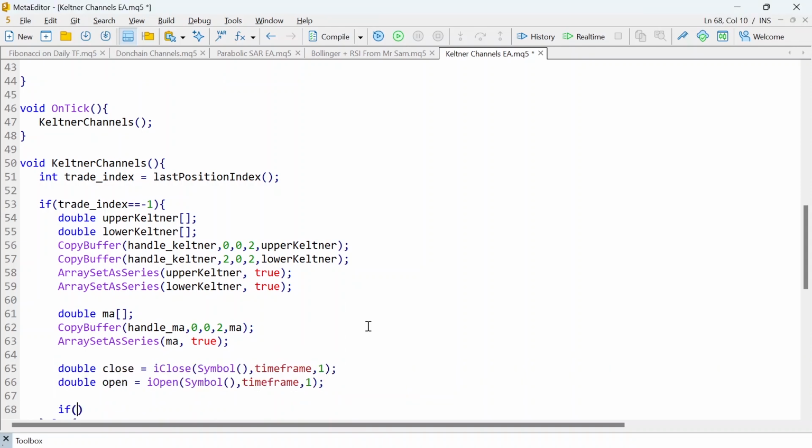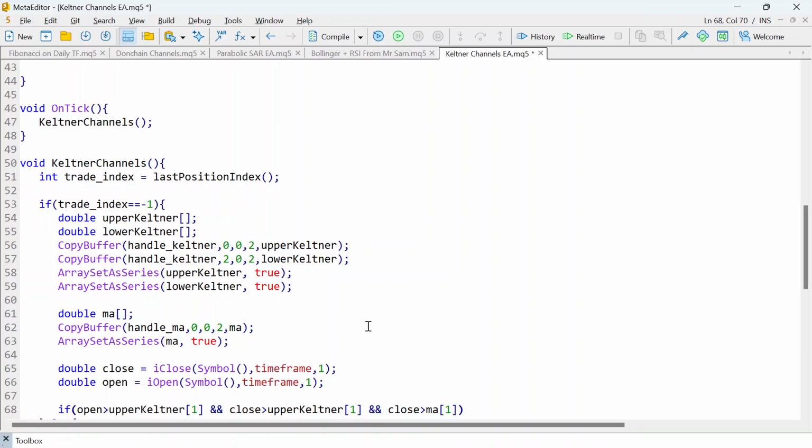So now, if the previous candle opened above the upper Keltner line of the previous candle, and the previous candle closes above this same upper Keltner line, and you confirm that this candle closes above the moving average, we should consider buying.